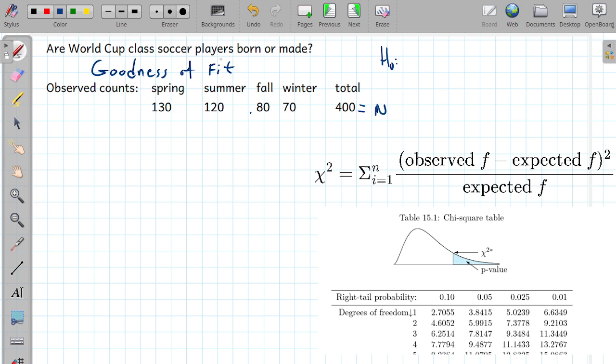Anyway, back to our hypothesis here. So I'm going to talk about this in context of, does the data fit? Do the observations fit the expected values? So here we're simply going to say the null hypothesis is that the data fit the model. And you're saying you haven't told us what the model is. Well, I'm going to get to that here in a moment. The alternative then is the data do not fit the model.